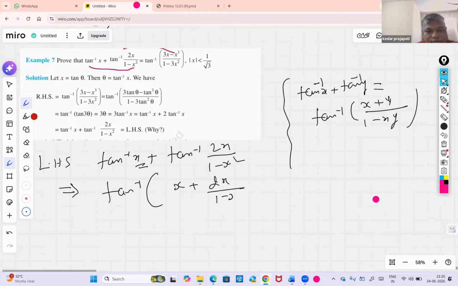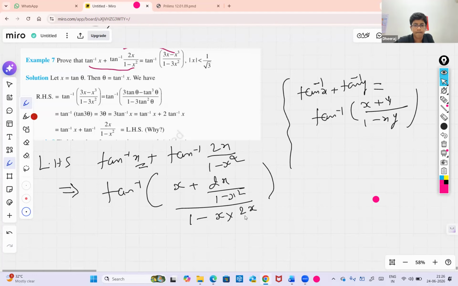1 minus x square, divided by 1 minus xy, where this is x square. 1 minus x into y is entire, 2x by 1 minus x square.